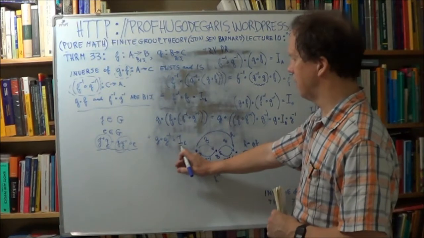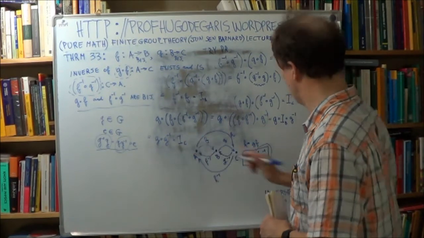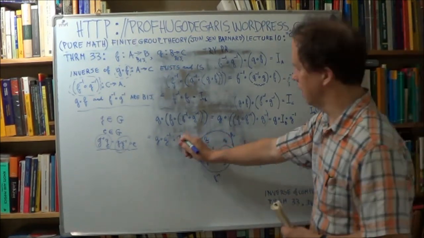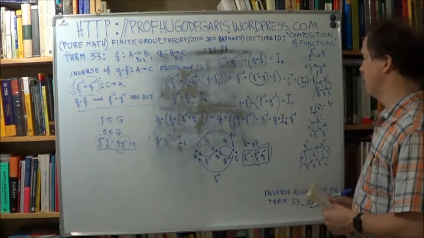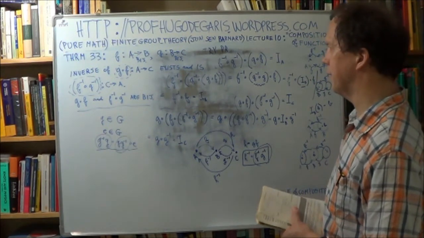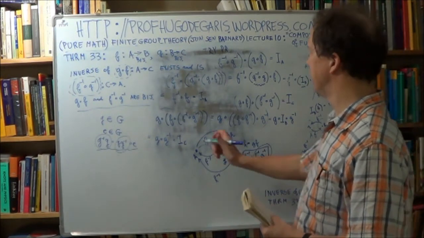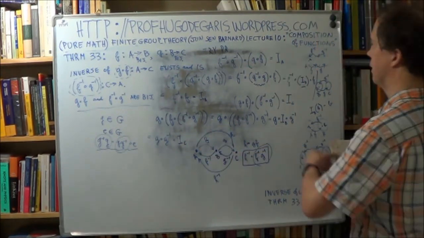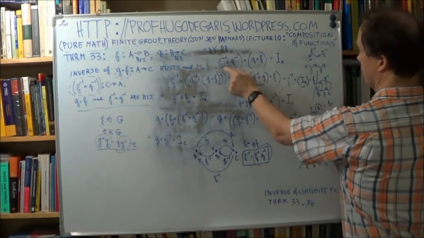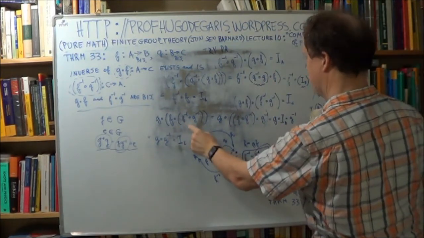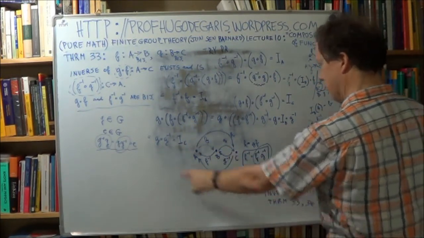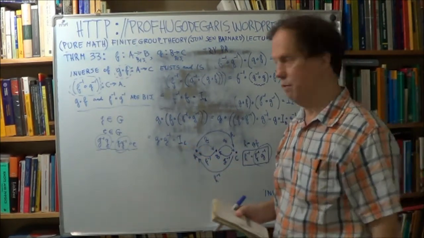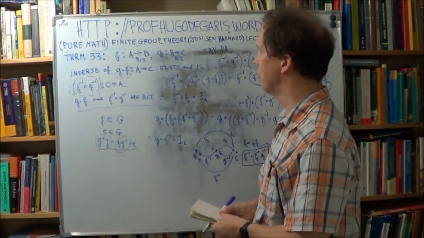So the identity function for set C, which is I_C. Well, there it is. So we have an inverse. It works both ways. It works that way, and when you swap it around, you get this. So we've proved theorem 33.